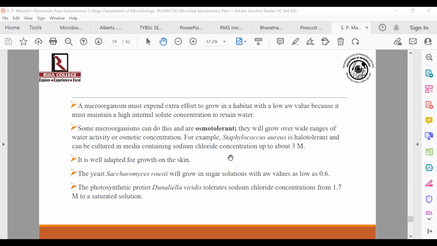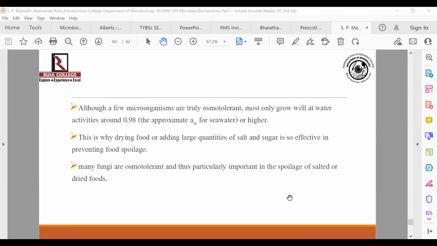So fungi can grow with very low water activity, but that's not the case with bacteria. Bacteria struggle to grow in conditions where the water activity is very low, but fungi can very effectively thrive in such environments. If you talk about the photosynthetic protist Dunaliella viridis, it tolerates sodium chloride concentration from 1.7 molar to even a saturated solution.